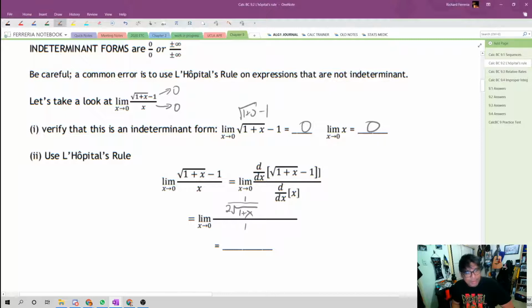If we simplify that, we get the limit as x approaches 0 of 1 over 2 root 1 plus x. And when I substitute 0 now, I get 1 over 2 root 1 plus 0. So this limit is actually just 1/2. Not a problem. The derivative made that limit so much easier.